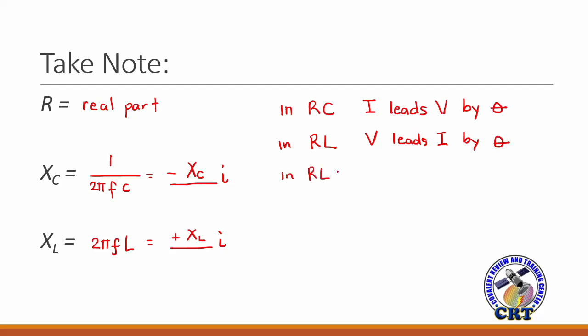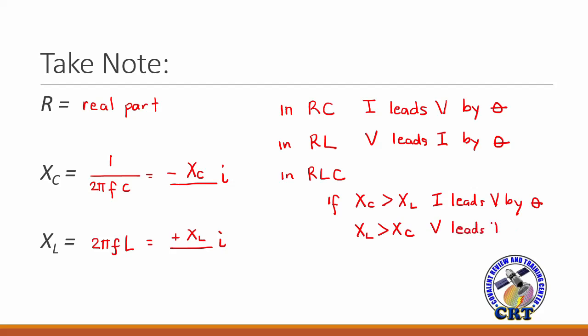In RLC, if XC is greater than XL, therefore I leads the voltage by theta. But if XL is greater than XC, the voltage leads the current by theta. Okay? So this relationship is, by the way, for series connection.